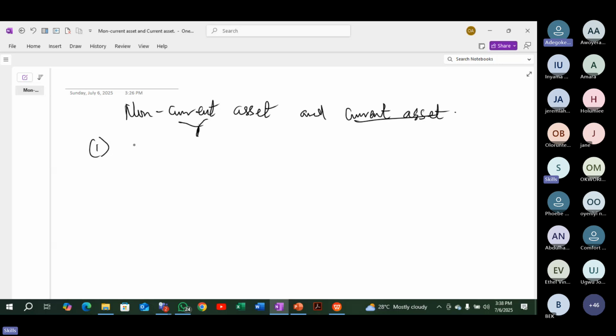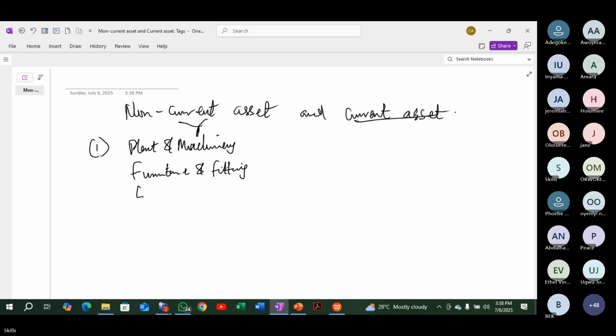Plant and machinery. Land and building. Furniture and fittings. Equipment.